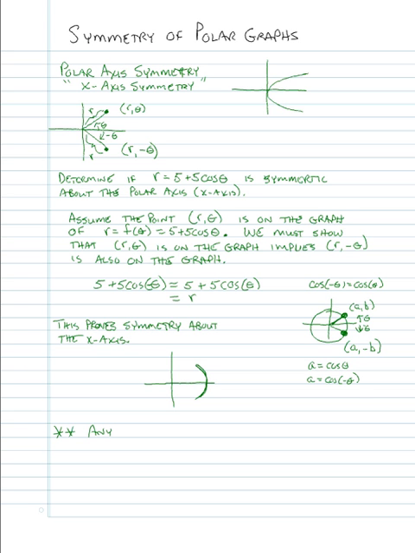Any polar function, any polar graph that involves cosine only will be symmetric about the x-axis. The polar axis.